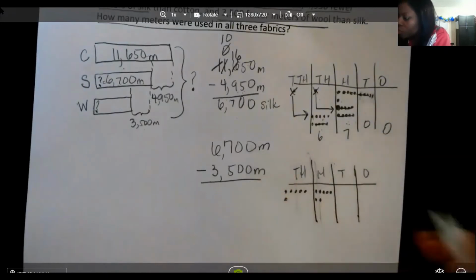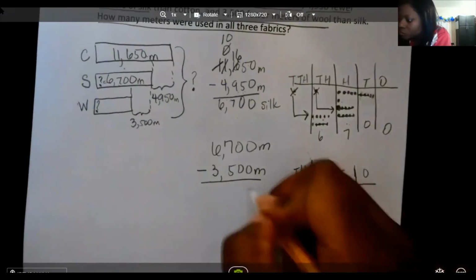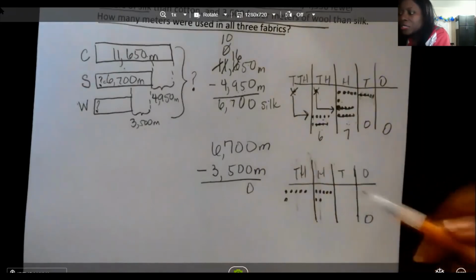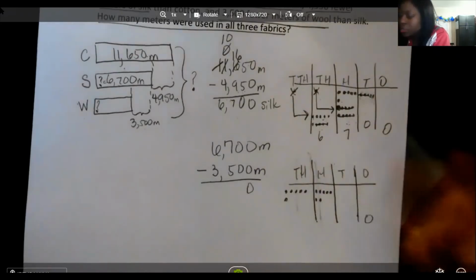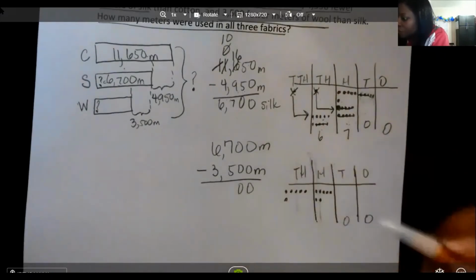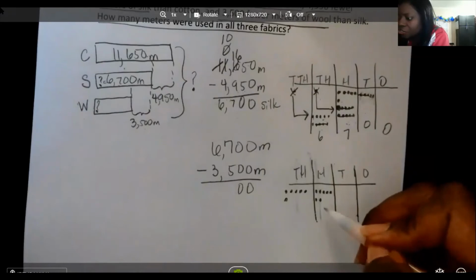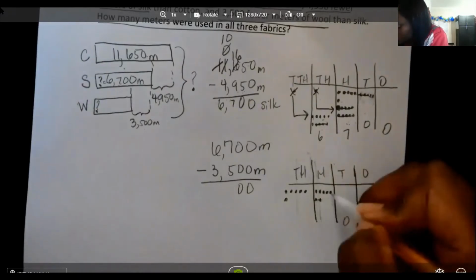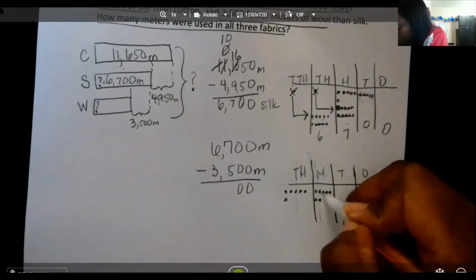So 0 ones from 0 ones is 0, completed simultaneously. Then I have 0 tens from 0 tens is still 0. Now I have 500s from 700. So let's take that away. 1, 2, 3, 4, 5.